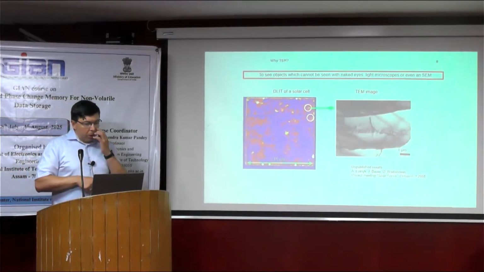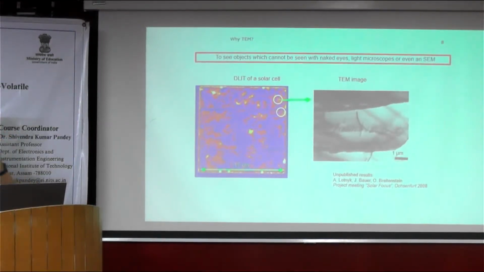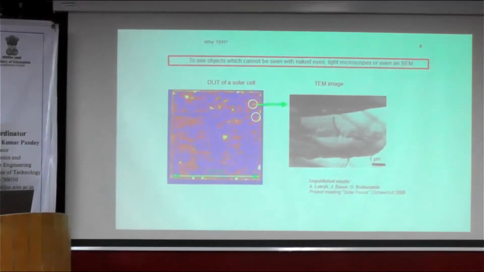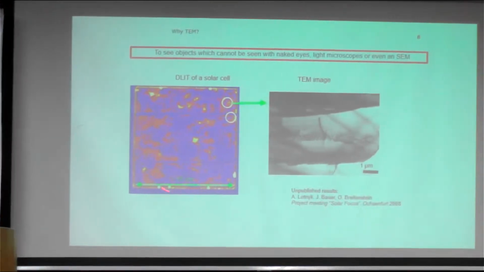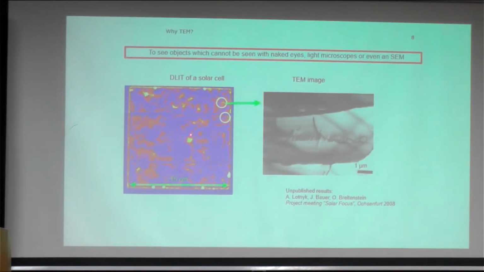And this solar cell has some faulty areas. Here you can see in a dark-light thermal image that they appear as large hotspots. And if you want to study this and find the reasons for it, you need a facility to look locally.